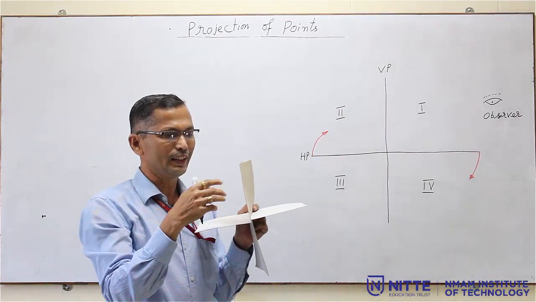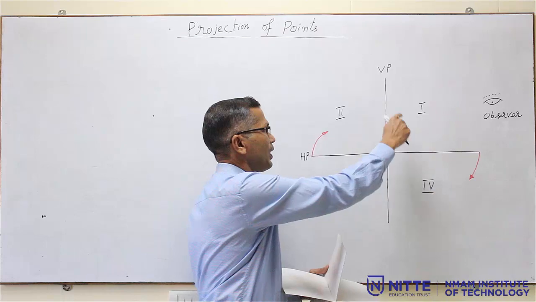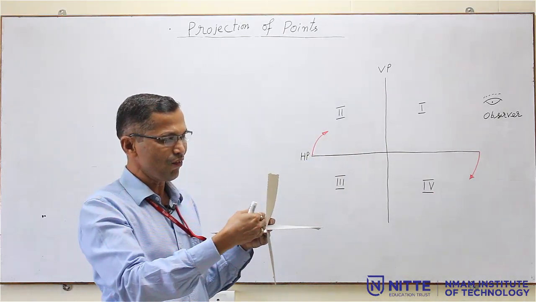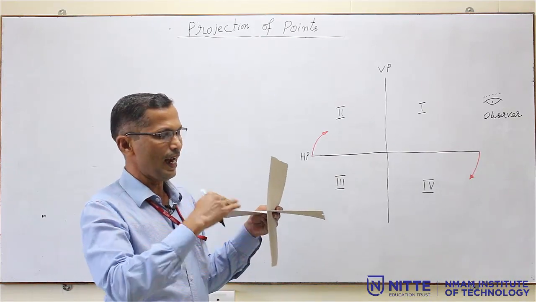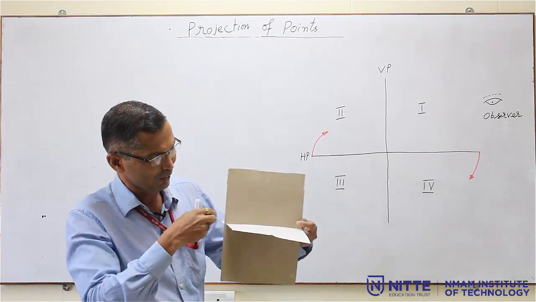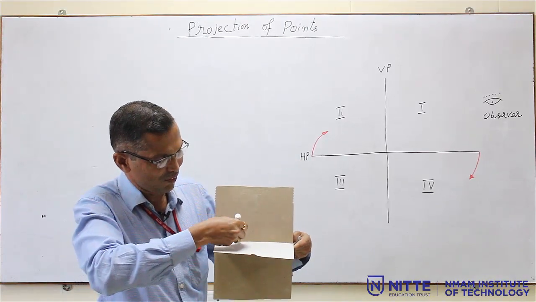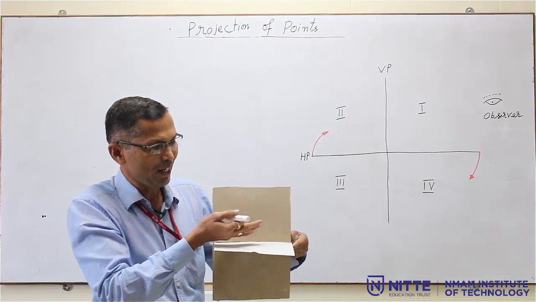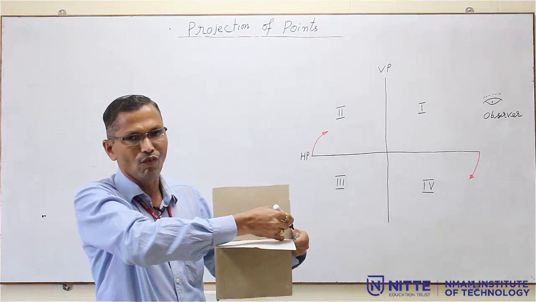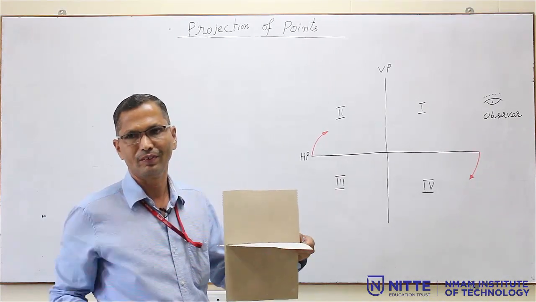So, this is the 3D view and this is the two dimensional. Now, here there is the intersection of VP and HP, so there will be one more line you can see here. This is the line of intersection of the vertical plane and the horizontal plane. We call it XY. So, this is the XY line.